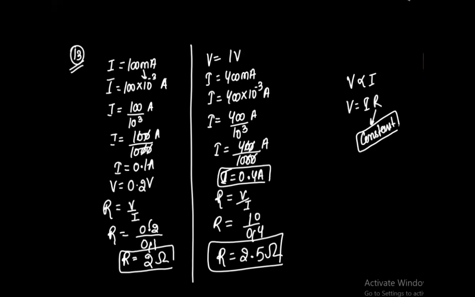But Ohm added one line. He said, temperature of the conductor should remain constant. And we know, when the bulb is on, what will happen? Its temperature will increase. And this is what the question asks. The question says, calculate the resistance of the filament in each case and account for the difference. Write down.